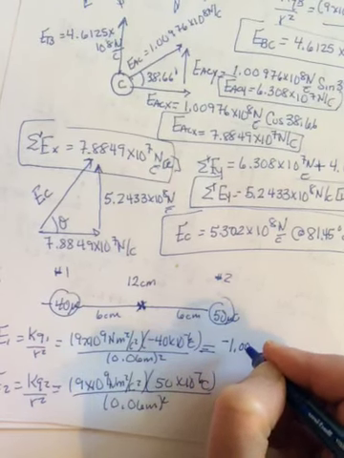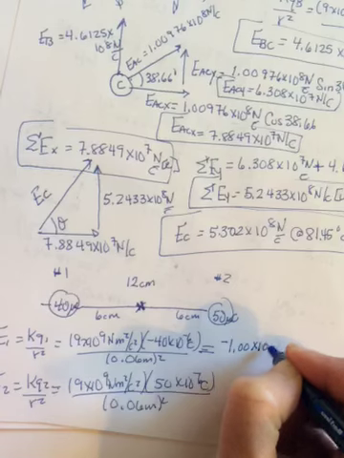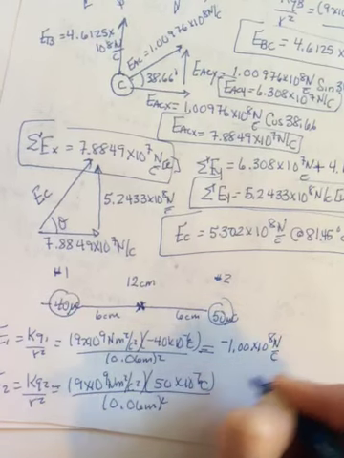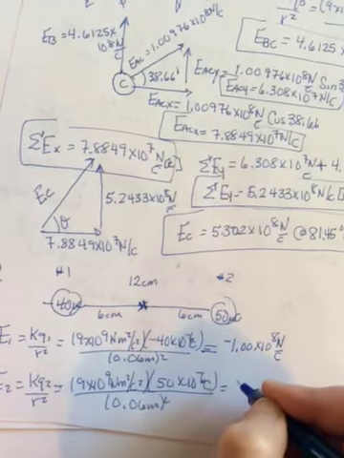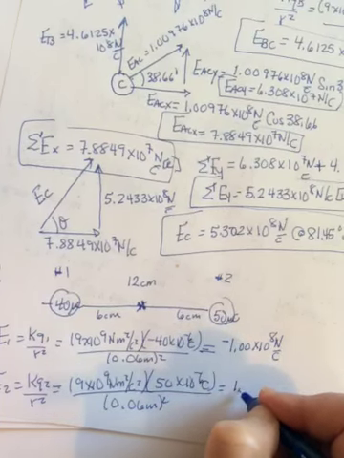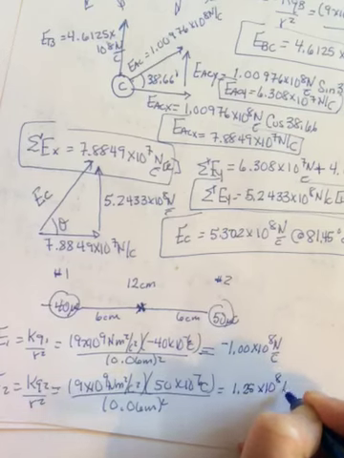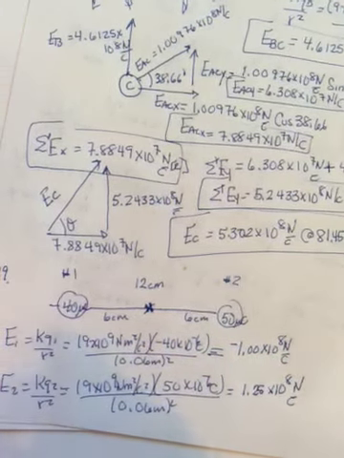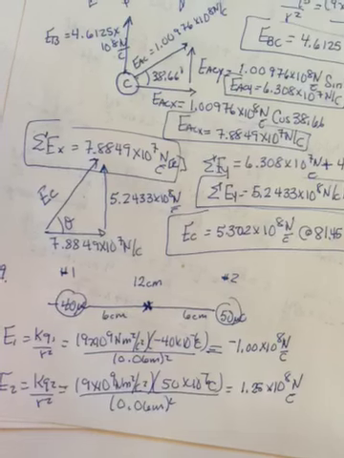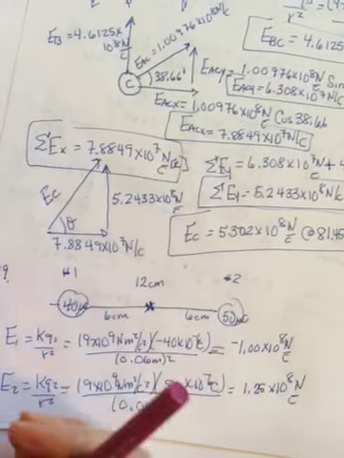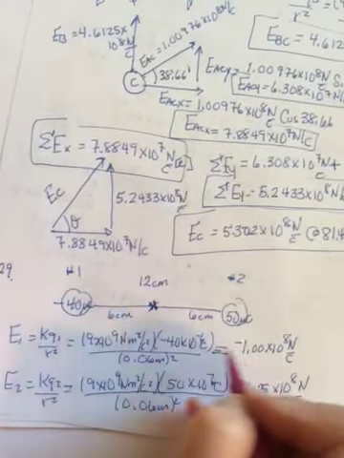All right, so for E1, you should get negative 1.00 times 10 to the 8th newtons per coulomb. And for E2, you should get positive 1.25 times 10 to the 8th newtons per coulomb. So we have our two E's. Now, one's positive and one's negative, but remember, the negative's just telling us which way it's going.